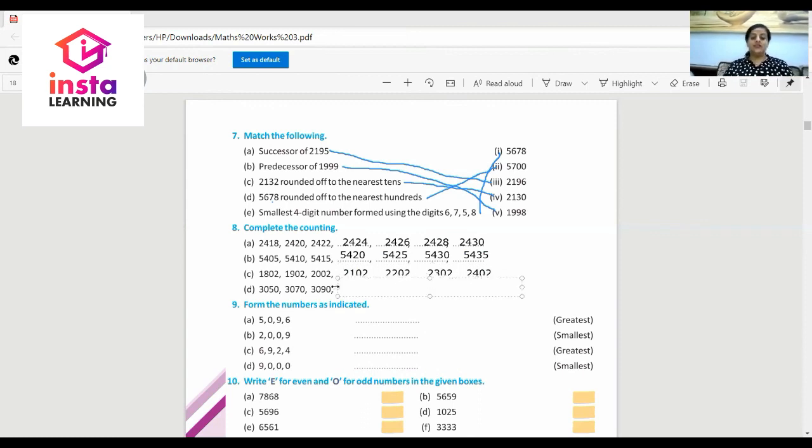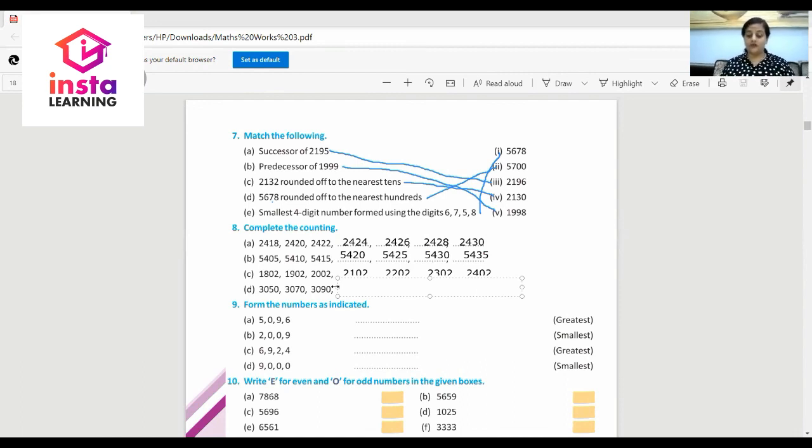Next is 3050. Okay, it is going to be added with how many? That is 20. Just see, 70 is written and 60 is gone. So we are going to follow the same pattern, that is 3050, 3060, leave it, 3070, then 3090. 3090 has come.